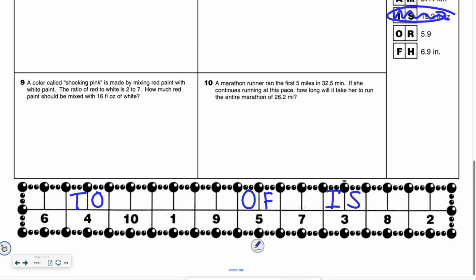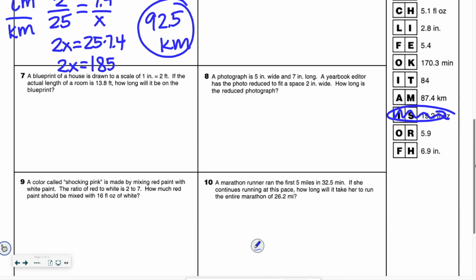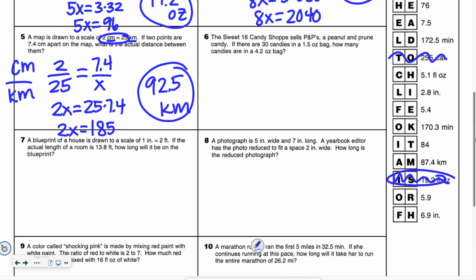I'll do 6 and you'll have 6 more questions left to do. Is that okay? It says the Sweet 16 candy shop sells PNPs and peanut and prune candy. If there are 30 candies in a 1.5 ounce bag, how many candies are in a 4.2 ounce bag? So we're comparing candies in ounces, right? So candies over ounce.